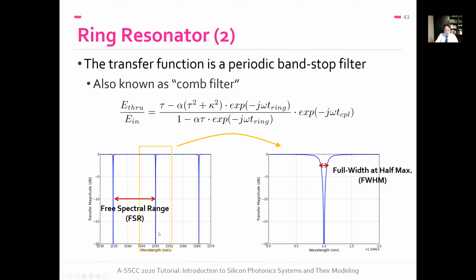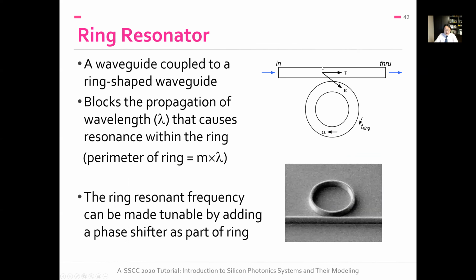And if you look at one of the notches closer, you can see how selective that band stop filter is. And just like in any resonant filter, this full width at half maximum is determined by the Q factor of this filter, which is a function of these parameters. Well, I didn't describe that. So this is basically a directional coupler.